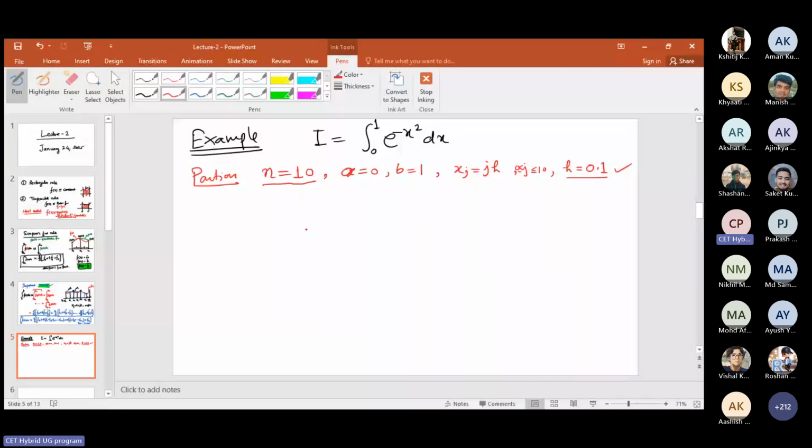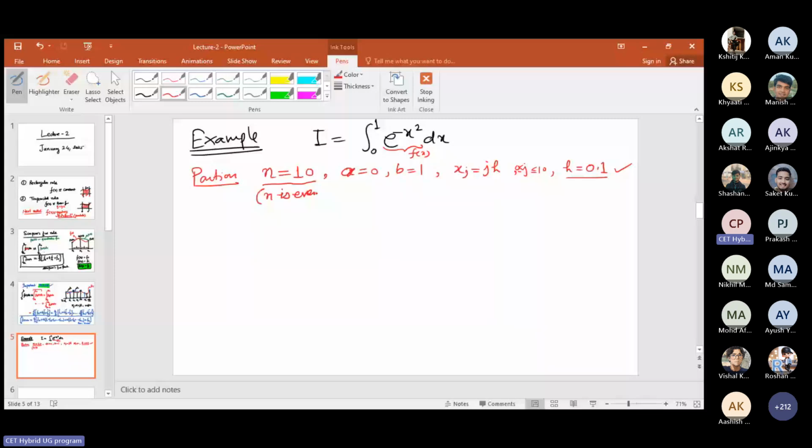Now what I will do is make the tabulated value of this f(x), because in order to apply Simpson's 1/3 formula I need f0, f1, f2, etc. n is even, this you must notice.